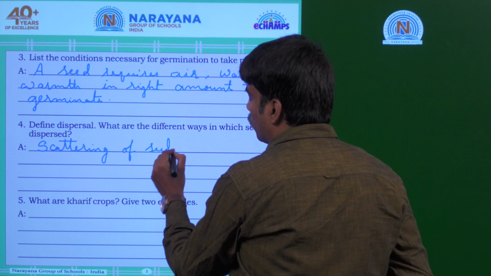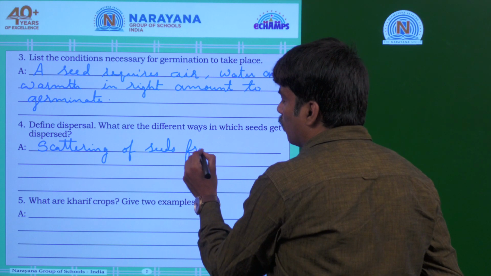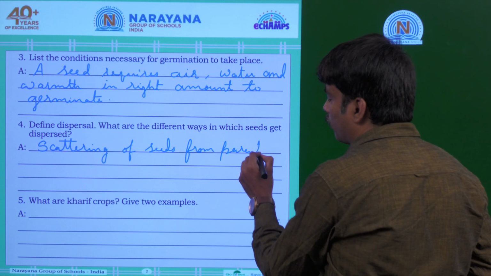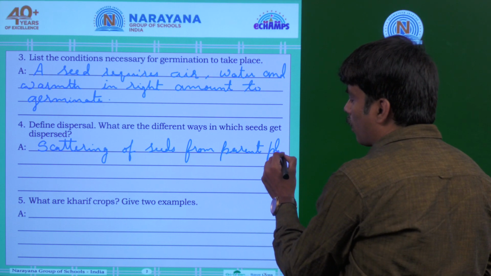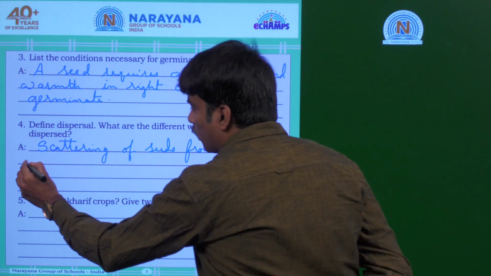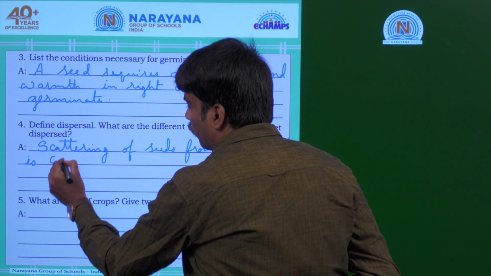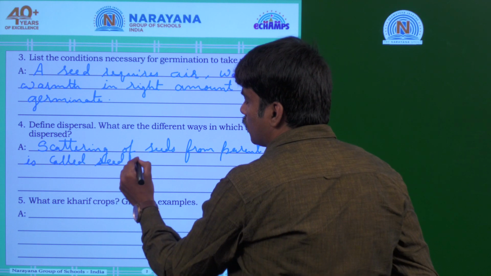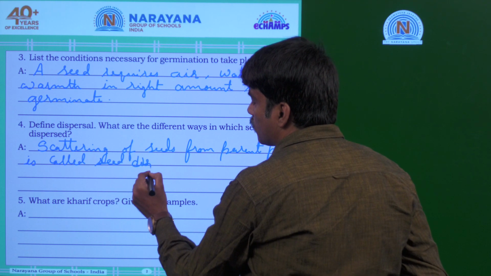Scattering of seeds from the parent plant is called seed dispersal.